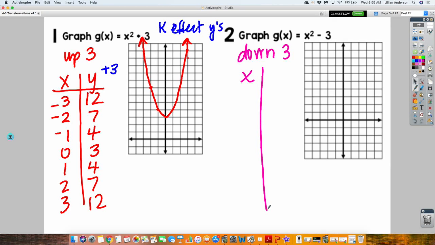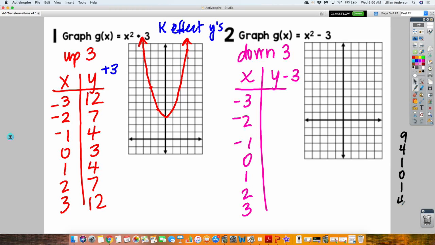And what am I going to do to all my y values? Subtract 3. My x's do not change, but my original y values, those original y values are all going to get subtracted by 3.